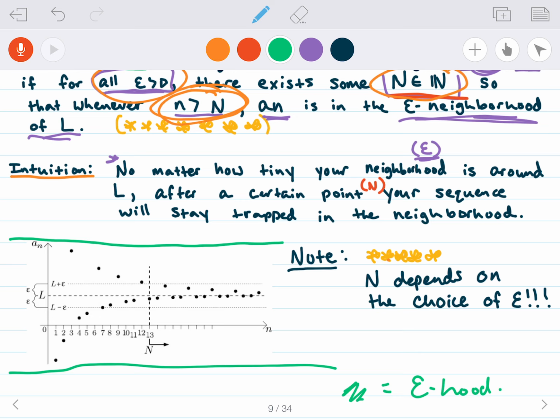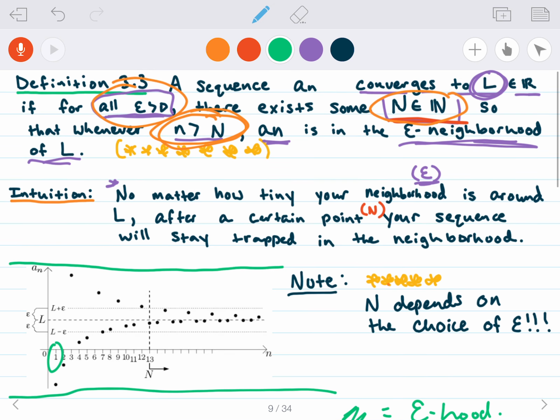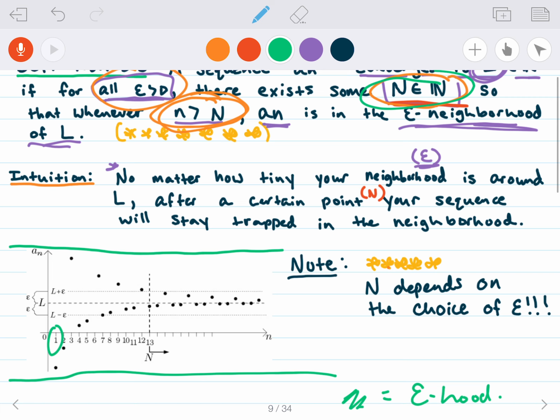then guess what? Any capital N would work, because the sequence is never leaving the neighborhood. We never have stray dots anywhere. So I can pick the smallest capital N I want. In my definition, I'm imposing that capital N is a natural number, so it has to be at least 1, and that's good enough.